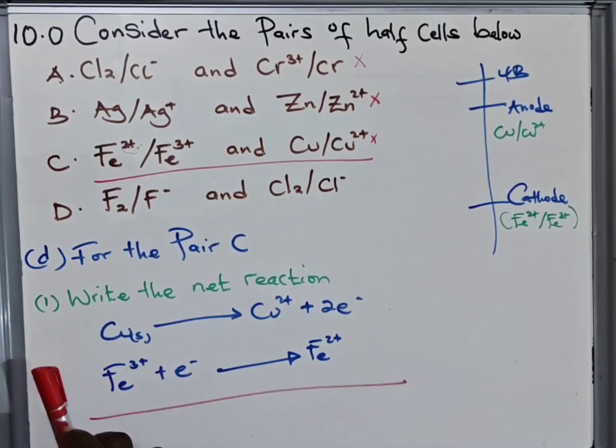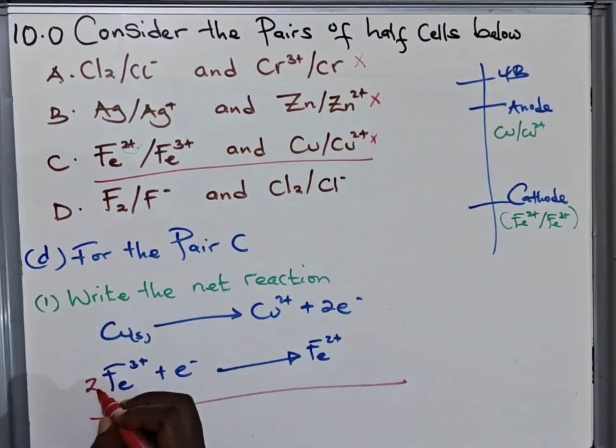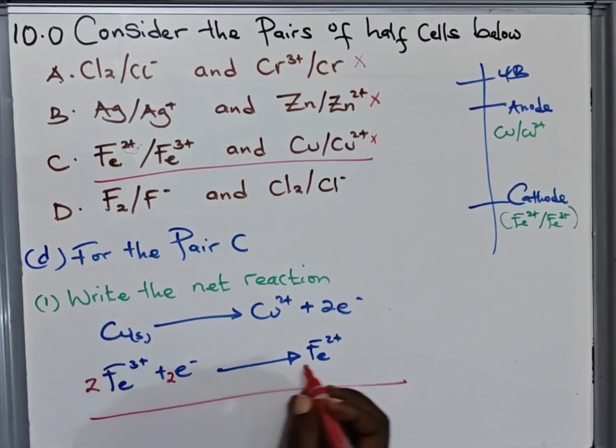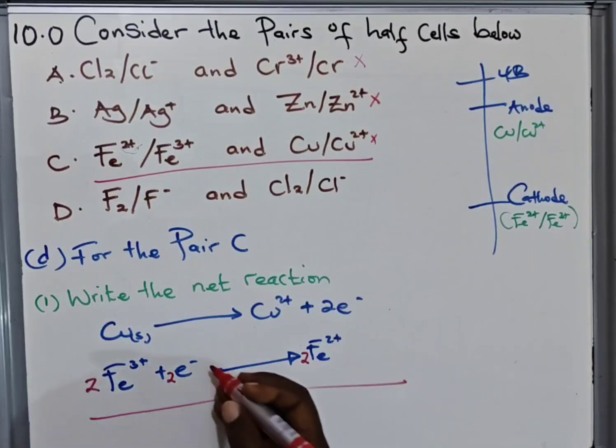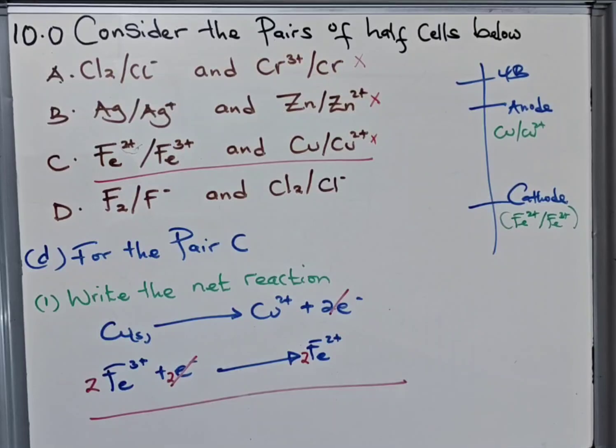What do we do? We multiply this second equation throughout by 2, so that the electrons are 2. So you put a 2 here, a 2 here, and a 2 here. After that, what do we do? You cross out your electrons, and what you remain with is going to form our net reaction.